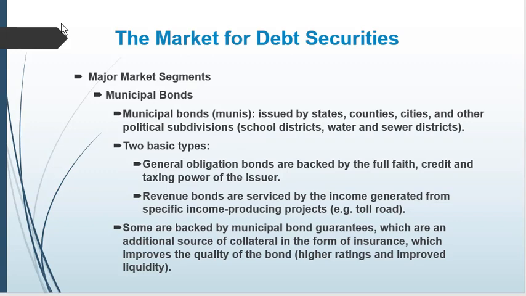Municipal bonds, again, are a form of government debt, but this is not federal government, this is state and local governments. So this is for things like school districts, water and sewer districts, etc. This is how state and local governments run their business. So general obligation bonds are backed by the full faith and credit of the taxing power of the issuer.